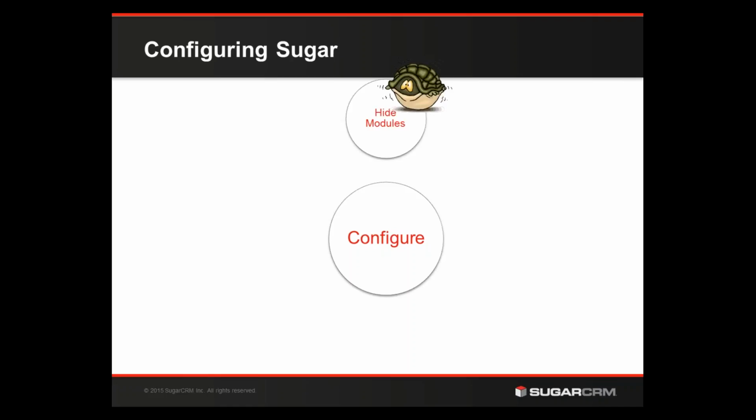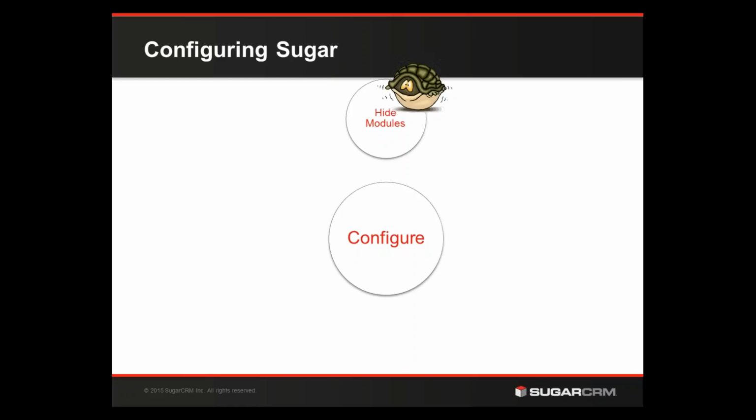There may be certain modules that you want to hide. You're not going to use them maybe for this particular rollout. Maybe next quarter or next year you're going to roll it out for a different area, so you need to hide them. So let's say you're just doing it for sales. You're not going to use the cases or the bugs or the knowledge base modules. So hide them. It's not deleting them, you're just hiding them.